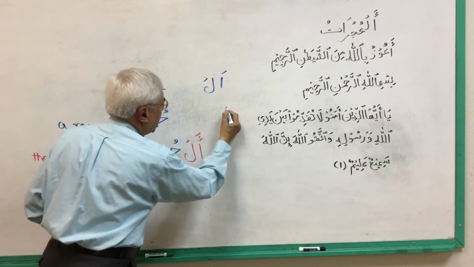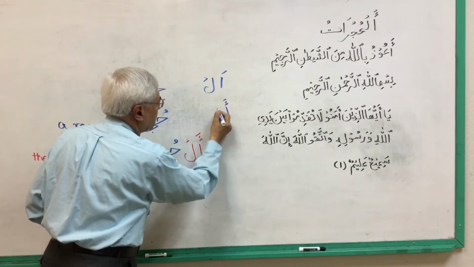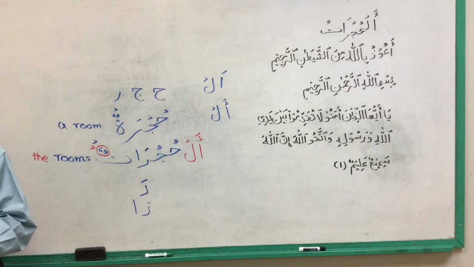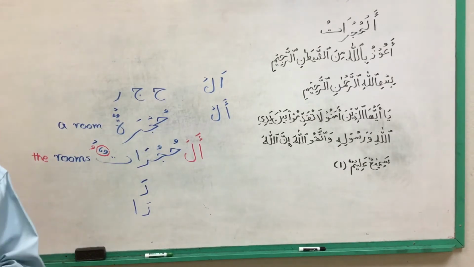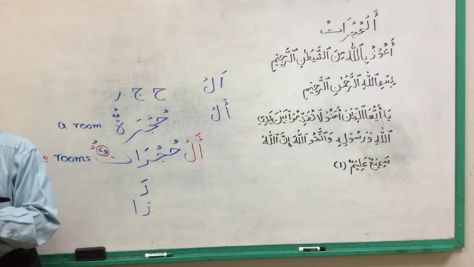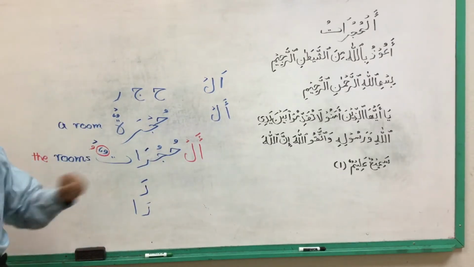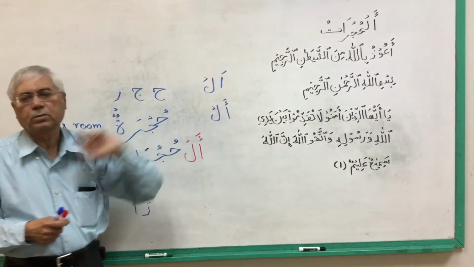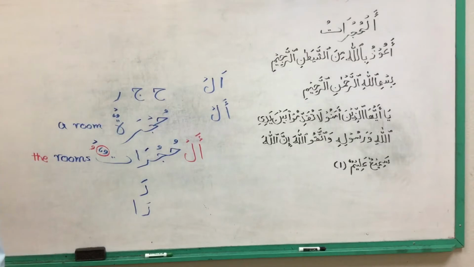In Arabic, it is written this way. So I will be using the Arabic script because that's what we will need to learn. Whenever you see this, there is a meaning for that, there is a lot of information. When we go into details, you will see I will be writing this way, not this way. Okay. So those are important things.